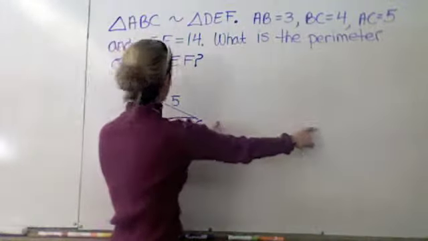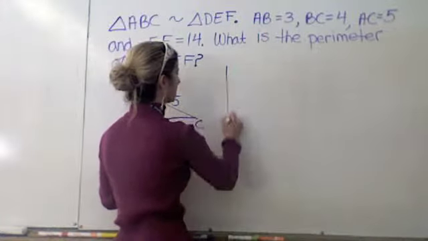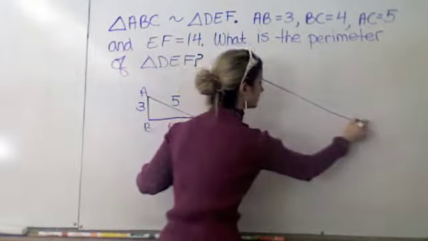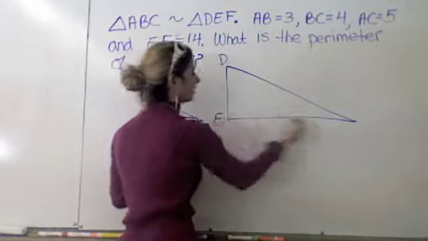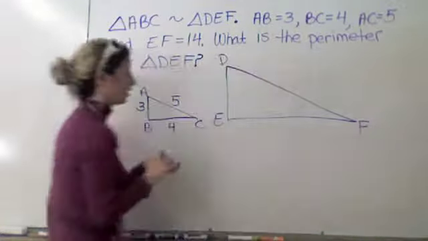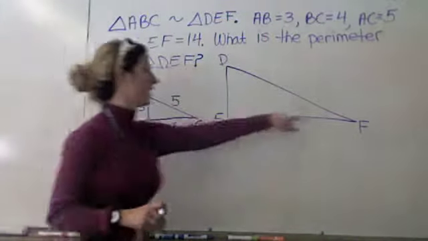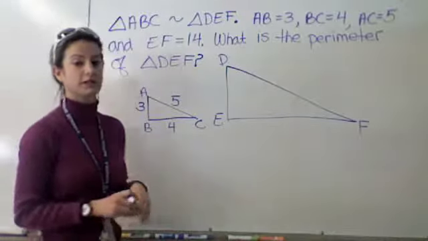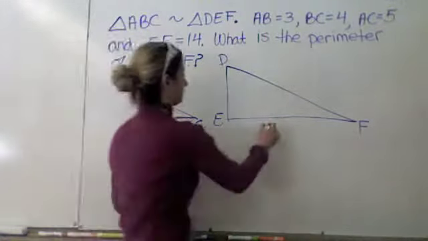So EF is going to be on the bottom, and it's going to be a lot bigger. So let's draw a bigger triangle. Good. Okay, so D, E, F. Because remember, they're going to go in the same order here. A, B, C, D, E, F. We talked about how those similarity statements had to be written in a specific order. So EF is 14. Okay.